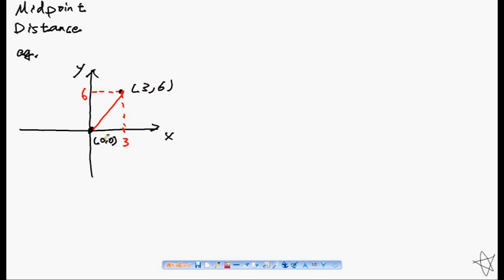When we look from the origin to this point, if we only look at this part, we can see a triangle inside.